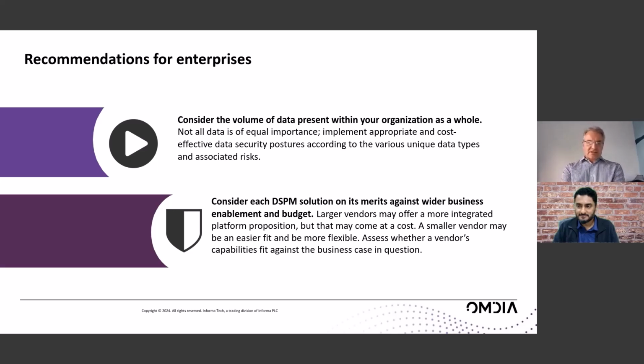So this slide really sums up what we've been talking about in a couple of bullets. I think the key thing is to try and get an assessment of what data you've got present on your network as a whole.